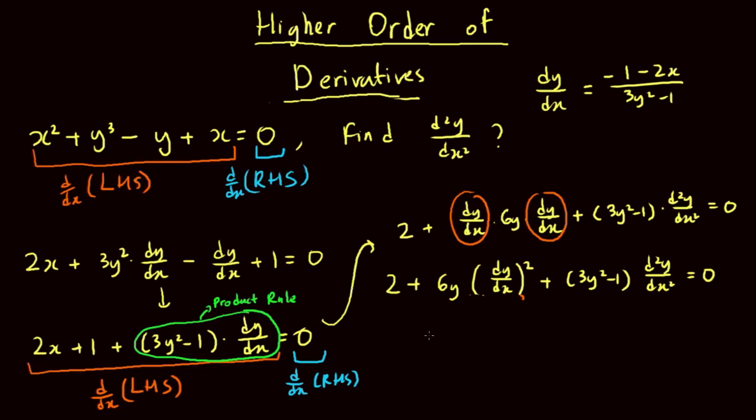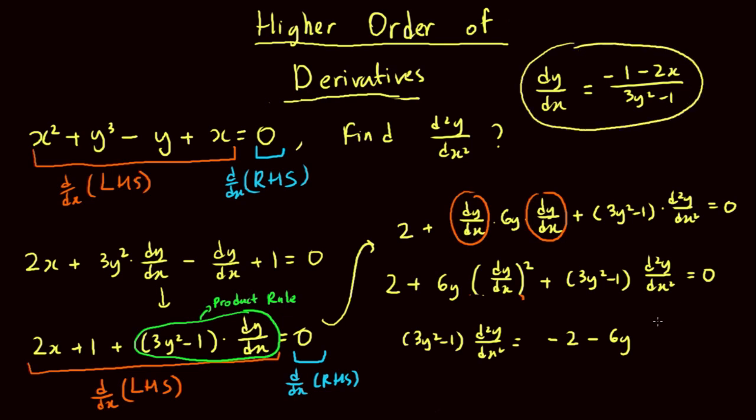What we end up having is 3y squared minus 1 d squared y over dx squared equals negative 2 minus 6y dy over dx squared. dy over dx we already got earlier, I'm just going to put it here: negative 1 minus 2x over 3y squared minus 1.